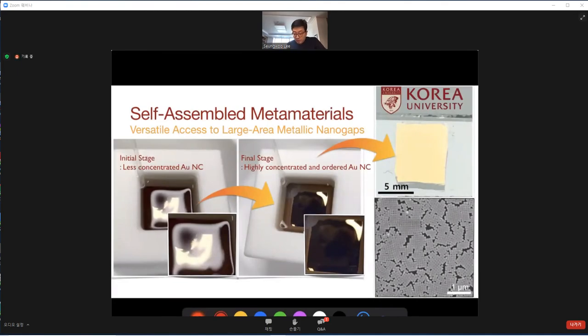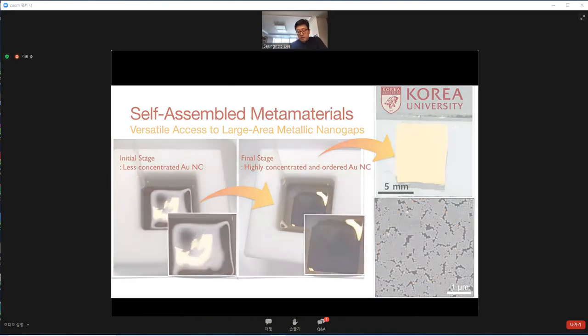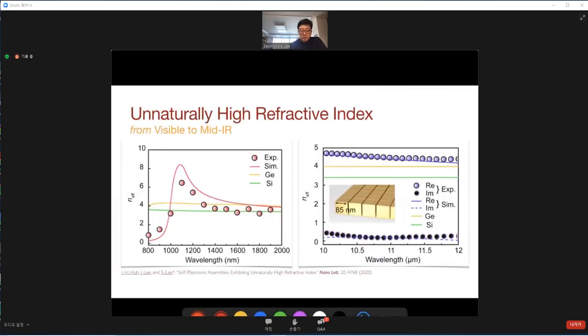So about 50 to 80 gold nanocubes are well packed and assembled over a large area, and this material exhibits unnaturally high refractive index at the resonant region, which is about the NIR, and also at the off-resonant region that corresponds to the mid-IR region.